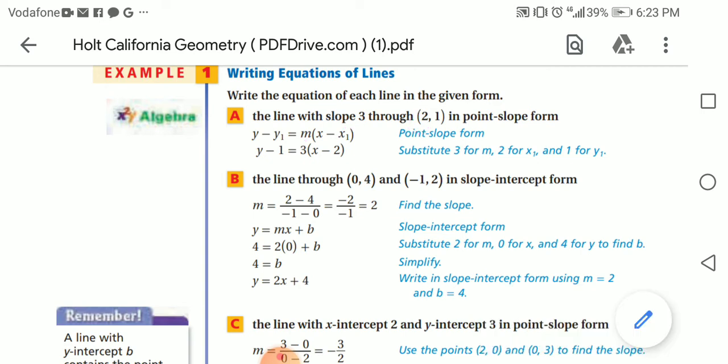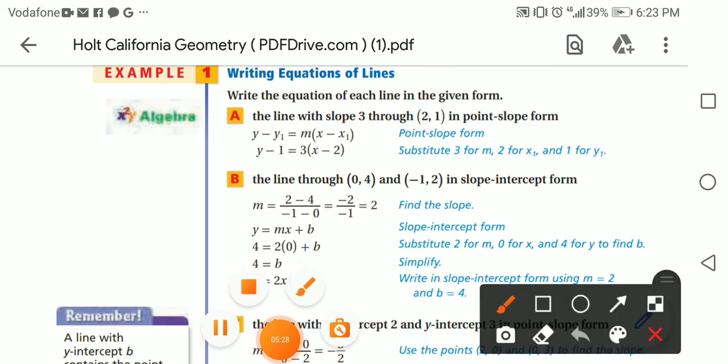So again, how to solve this? The line with slope 3 through 2, 1 in point-slope form. First of all, I should write the point-slope form: y minus y sub 1 equals m times x minus x sub 1. This is the first step. The second step: substitute 3 for m. Why 3? Because 3 here is the slope, which is m.